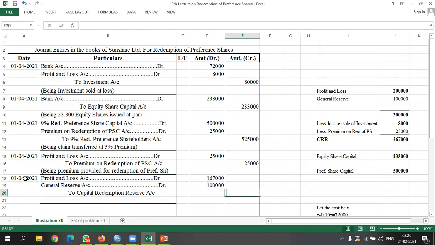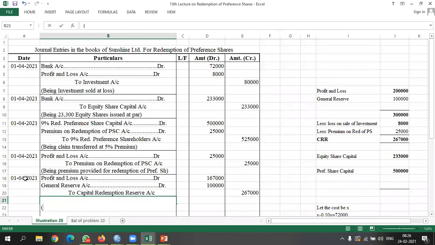So total we have 2,67,000. Now narration is being CRR created for redemption of preference shares.